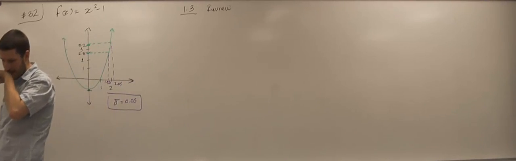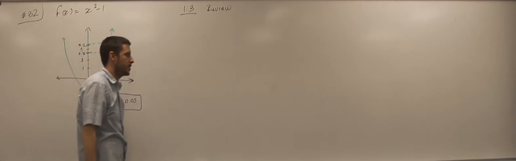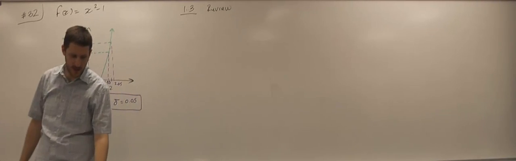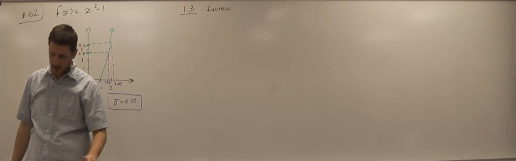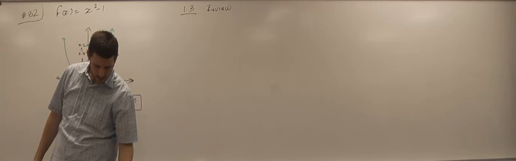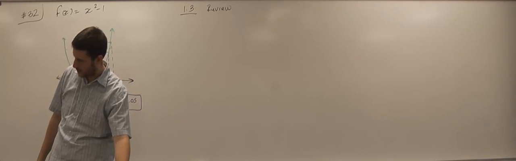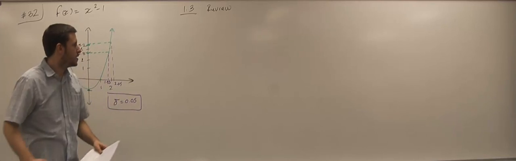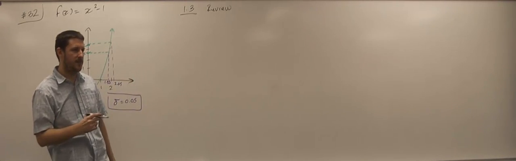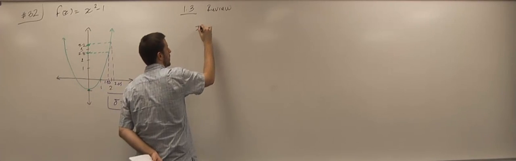So I have to finish up section 1.3, but before I do, I want to review some of the concepts that we got to. We talked about, at the end last time, this indeterminate form 0 over 0.